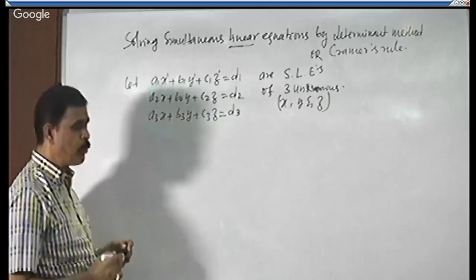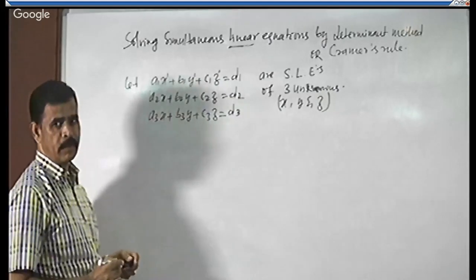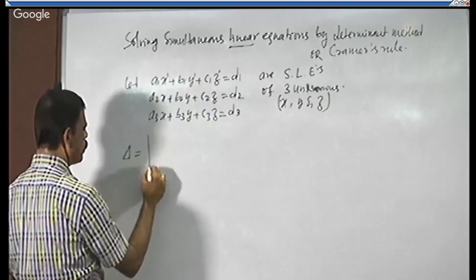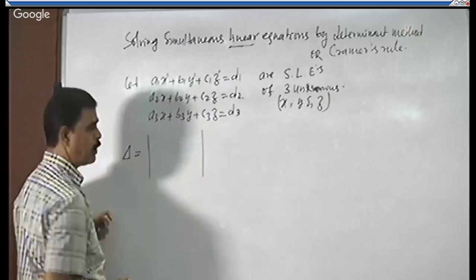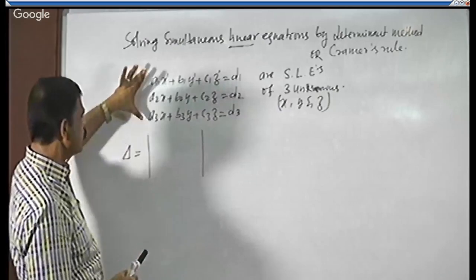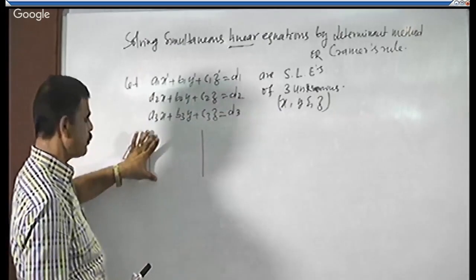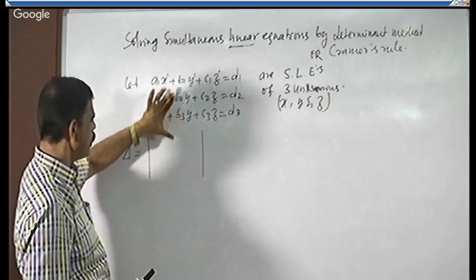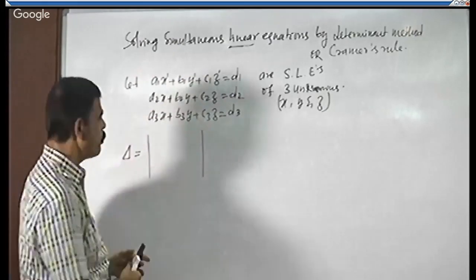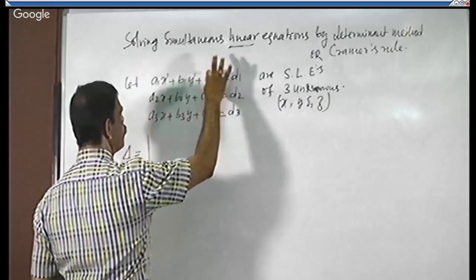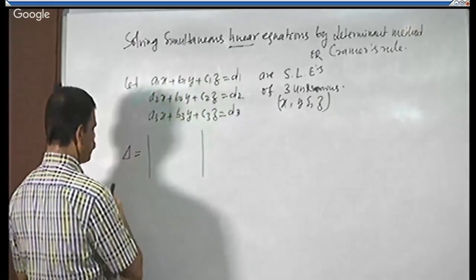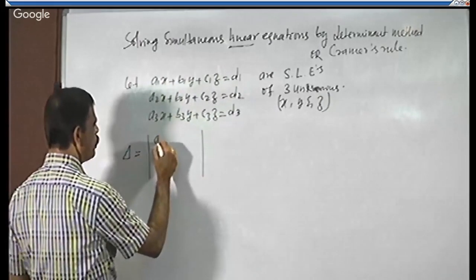These equations should be taken in the form of determinant. We write determinant delta. Delta is a determinant which is obtained by taking x coefficients at first column, y coefficients at second column, z coefficients at third column. It will be called the coefficients determinant. First column, we have to write what?